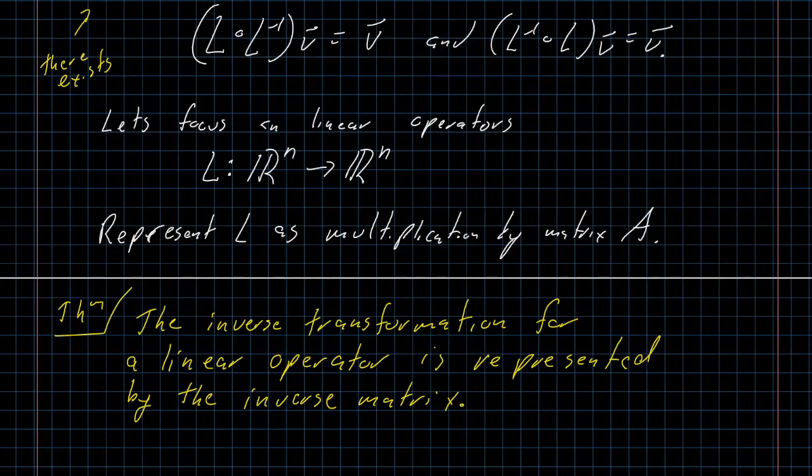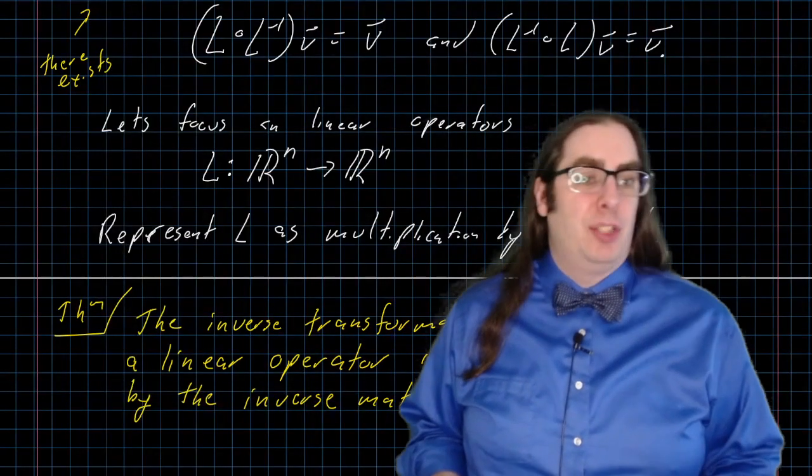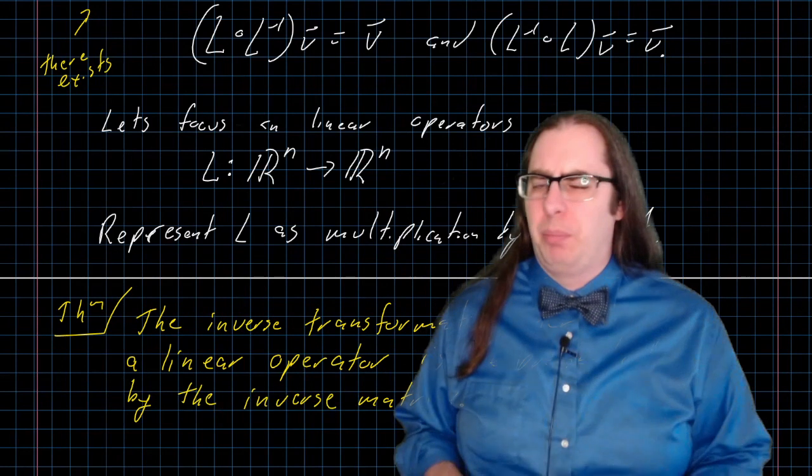And that takes us to the theorem that is going to be the heart of what we're looking at in this video. The inverse transformation for a linear operator is represented by its inverse matrix. So when we have linear operator L represented by matrix A, the inverse linear operator is going to be represented by matrix A inverse.